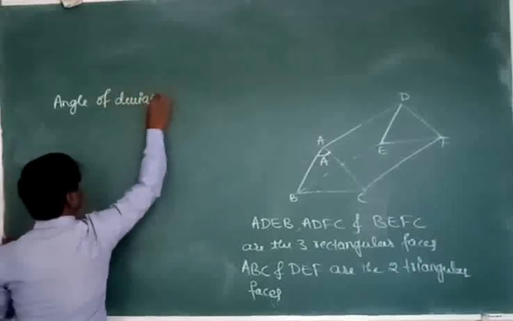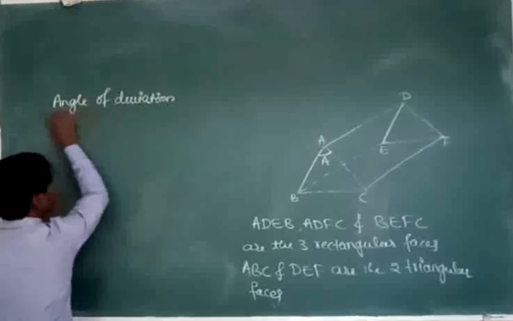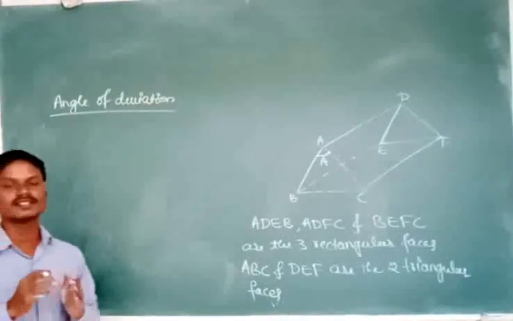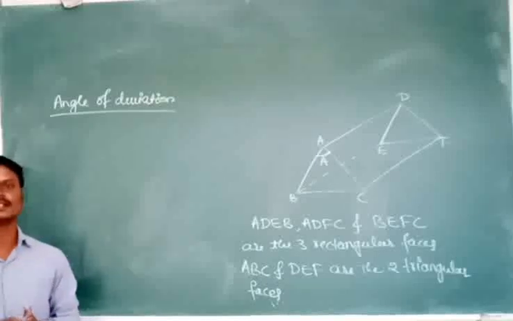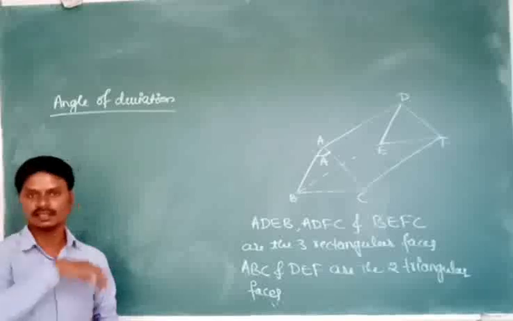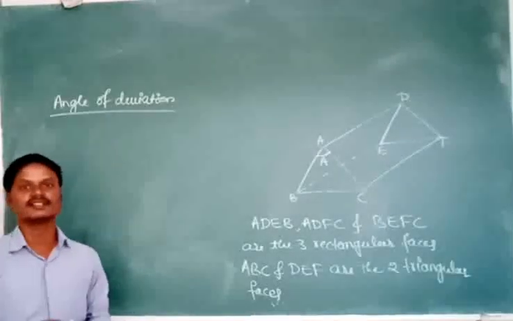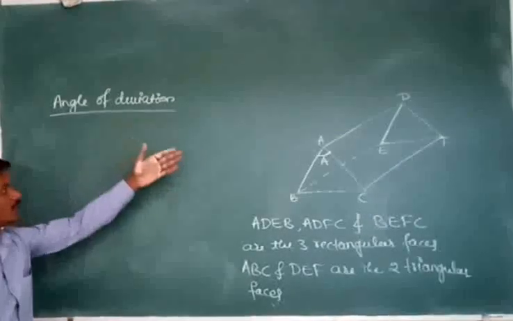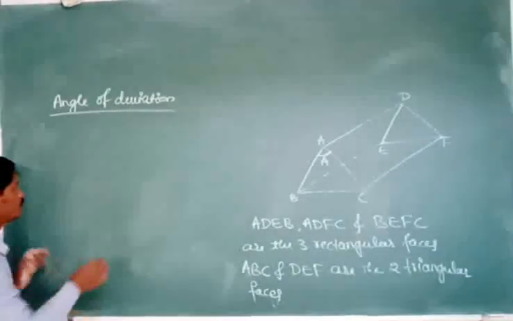What do you mean by angle of deviation? Already we discussed it in the previous class. It is the angle between the extended incident ray and the emergent ray in the refraction of light. Already we discussed that while studying lateral shift. Once again we have to discuss what is meant by angle of deviation in the case of a prism.